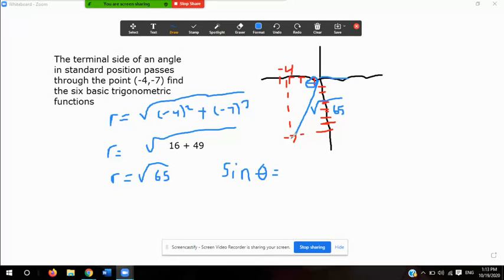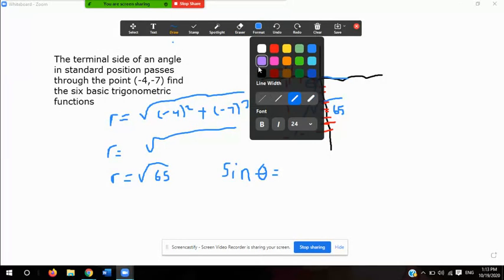So 7, which is down here, let me change the color of the -7 right here, and that way you guys can distinguish it a little better.